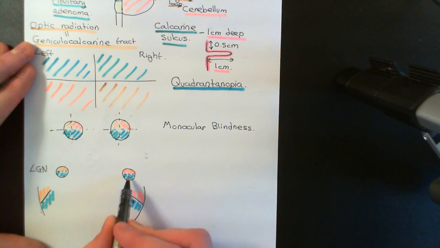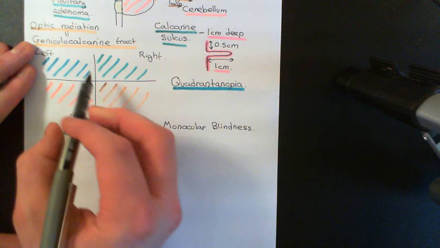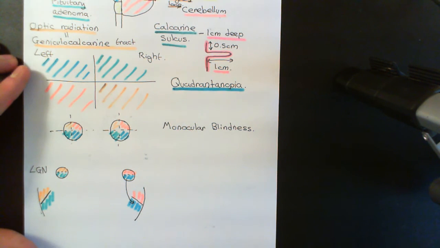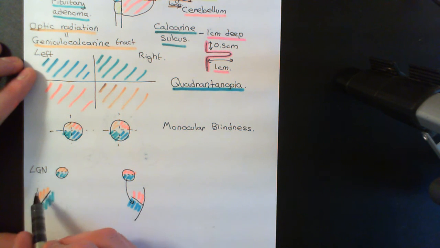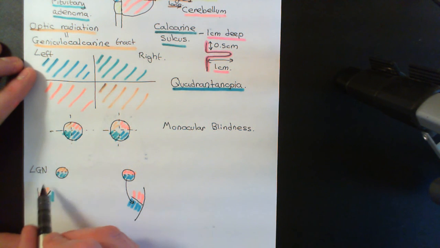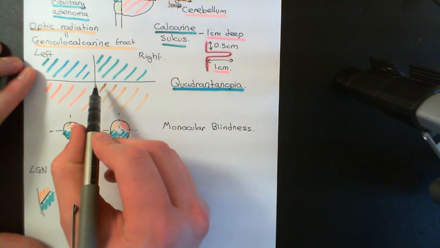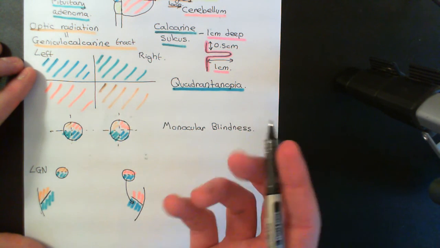So we'll lose information about the blue portion of the visual field, and that's the left superior portion of the visual field, so that would be a left superior quadrantanopia. Continuing on, if you lesioned the left superior optic radiation, you'd lose the orange portion of the visual field, which is the right inferior portion of the visual field, so that would be a right inferior quadrantanopia.